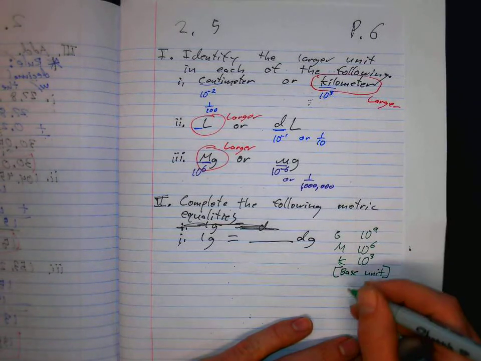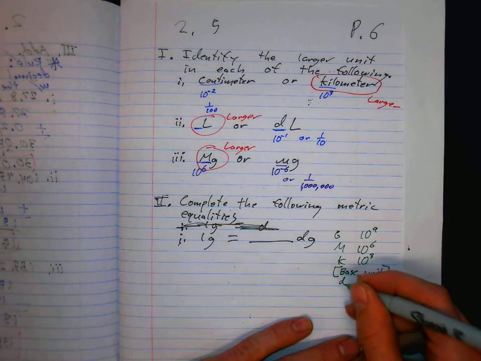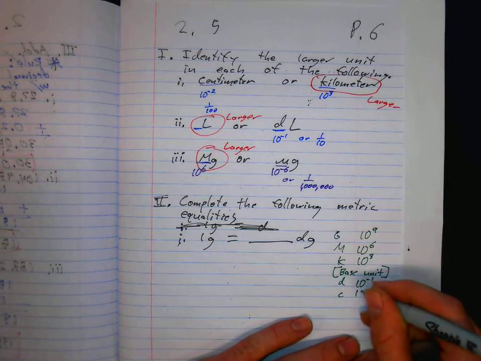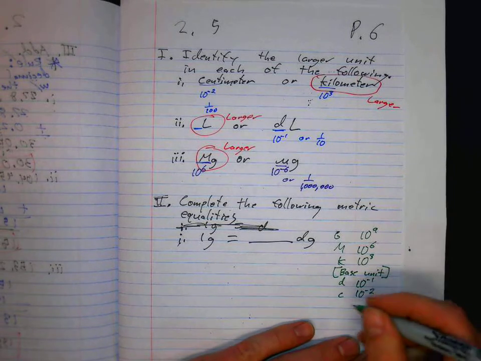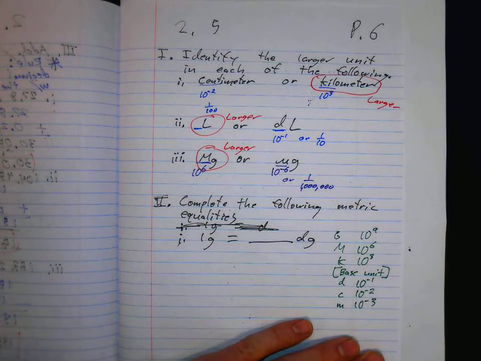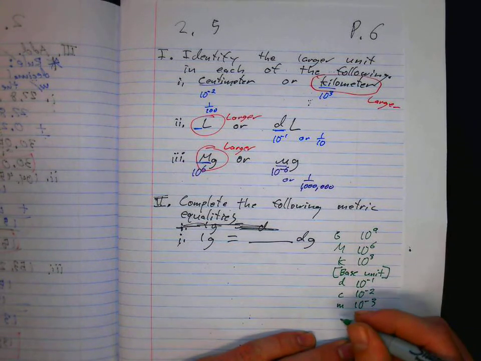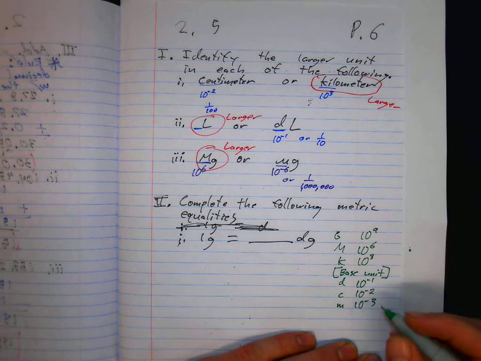and so that's whatever the second letter is, the gram or the meter or the liter. And so then smaller than the base unit, we have deci, 10 to the negative 1. We have centi, 10 to the negative 2. And we have milli, 10 to the negative 3. And then we'll go down by 3's after that, or powers of 1,000, that is.